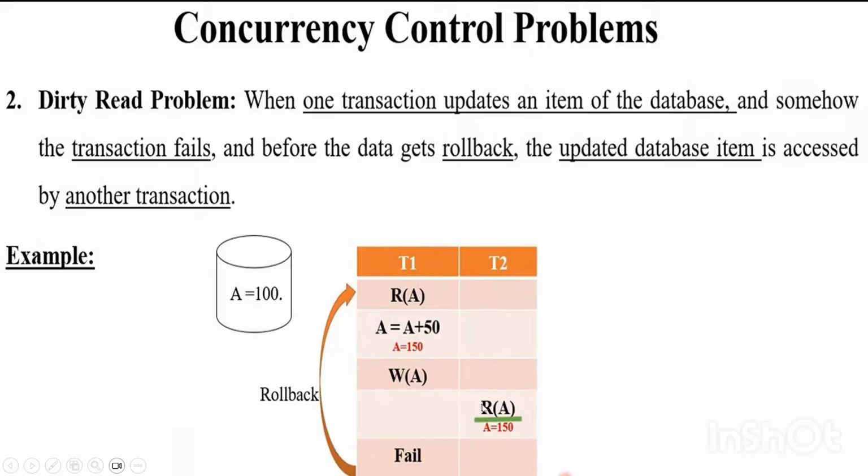Read of A gives 150, because the value has been written. So the read of A equals 150. Then the transaction fails and gets rolled back to the state before transaction 1. So this is called the dirty read problem.